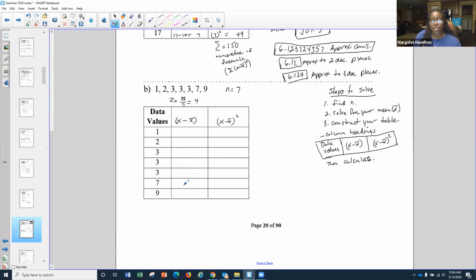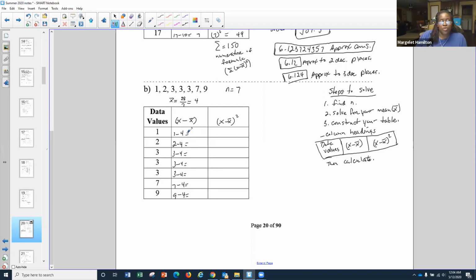Again, you could just do this all in your calculator. So we have 1 minus 4, 2 minus 4, 3 minus 4, 3 minus 4, 3 minus 4, 7 minus 4, 9 minus 4. All right.